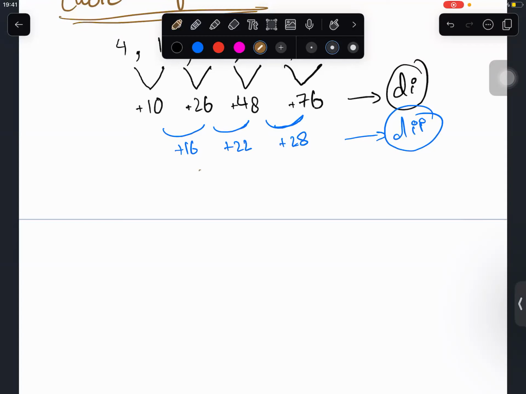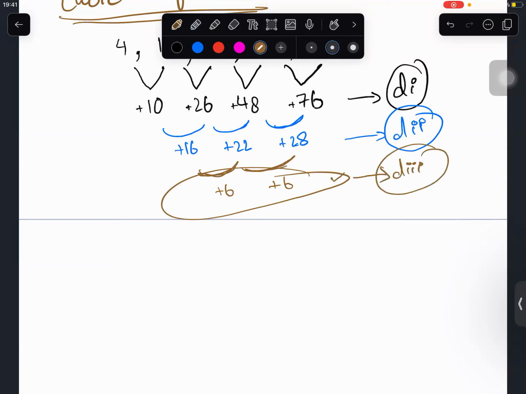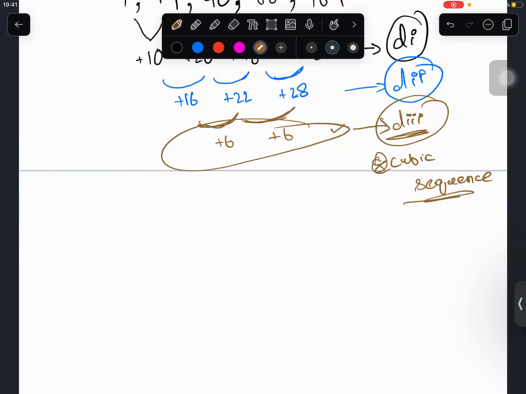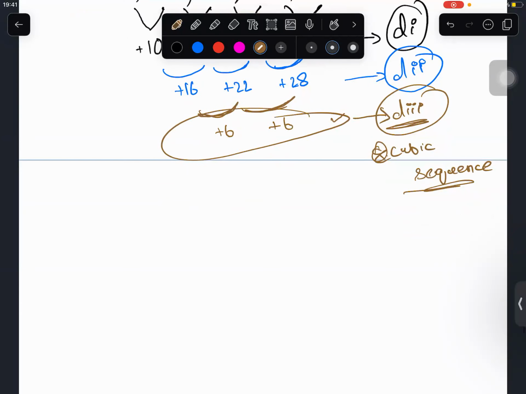Between 16 and 22, the difference is plus 6. And between 22 and 28, the difference is also plus 6. This is a common difference, so we can stop at D3. As D3 is a common difference, this is a cubic sequence. Are we good so far? Okay, so for cubic sequences, Dania, you have to memorize 2 things.